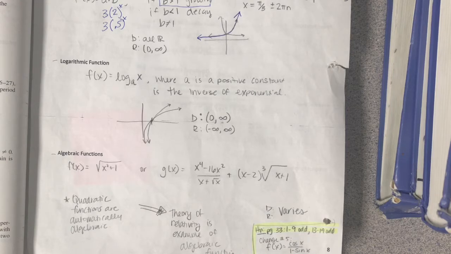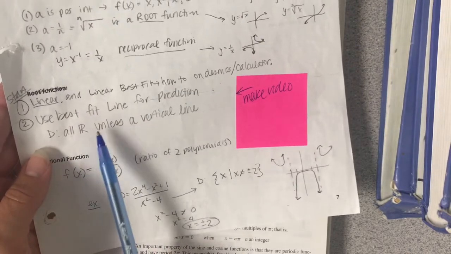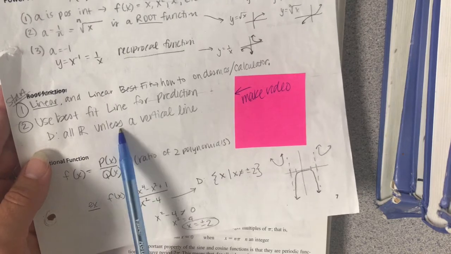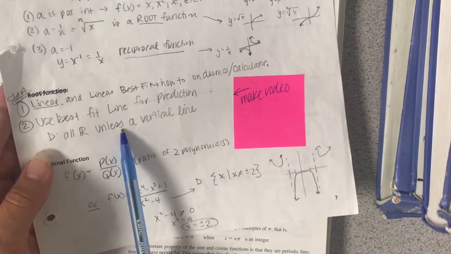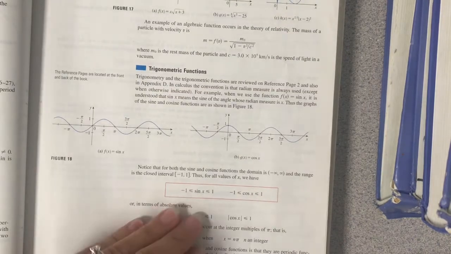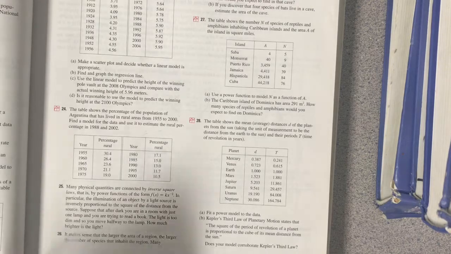The last thing I wanted to tell you about is, in the linear functions, how to do a line of best fit using your calculator, and also how to do a line of best fit by hand. I'm going to show that by doing number 16, and you are going to have number 15 as a homework problem.